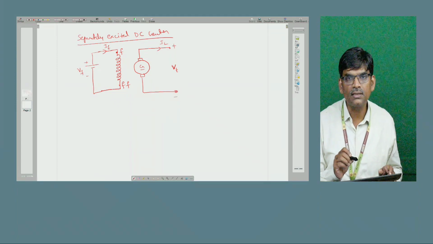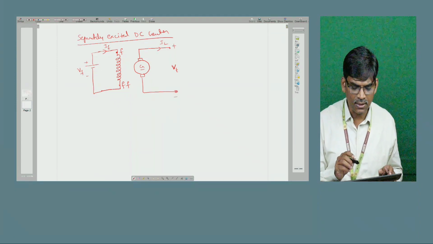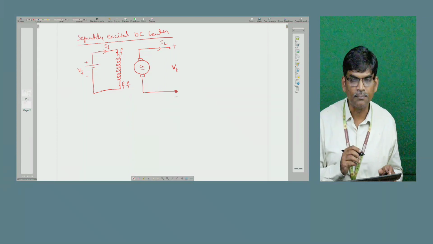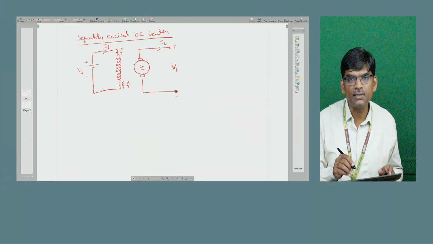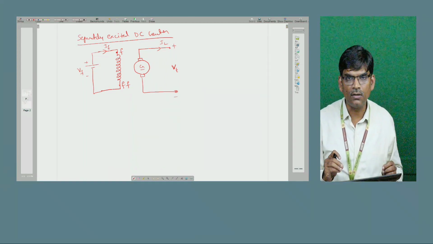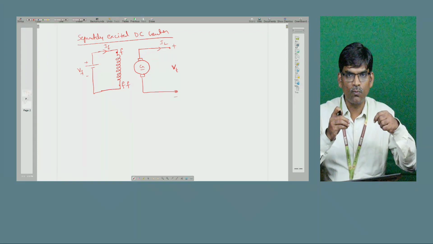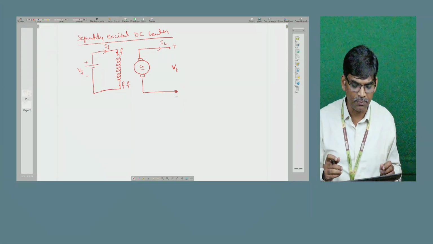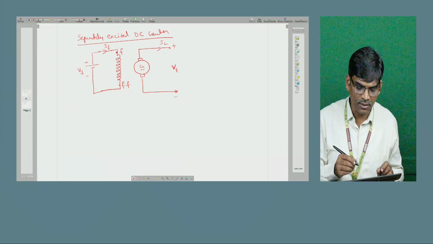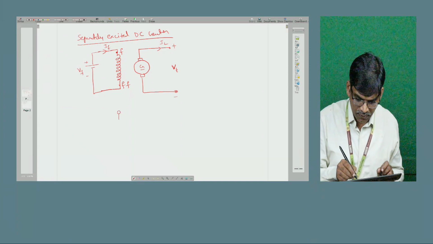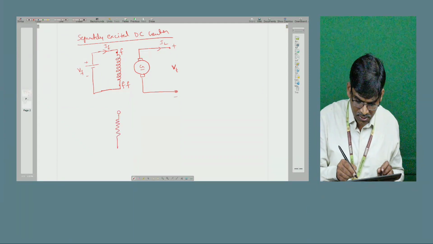So in steady state it simply acts as a pure resistor. That resistance depends upon the length of the coil and the area of cross section. Based on that, it offers some resistance.